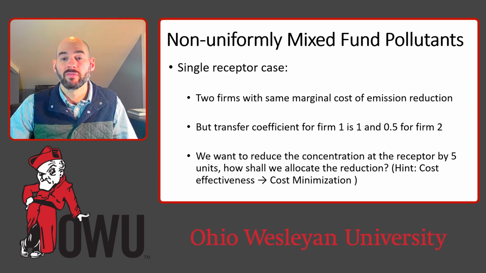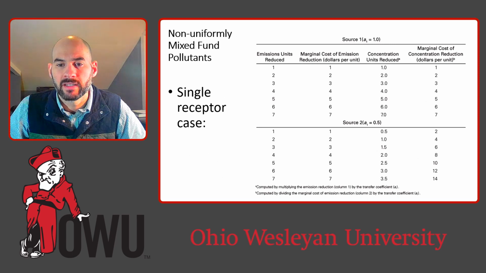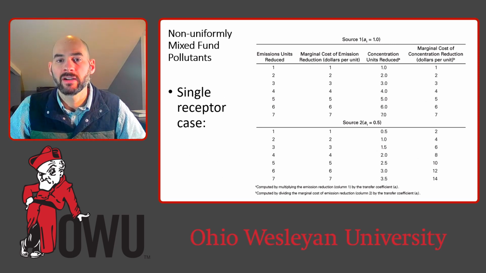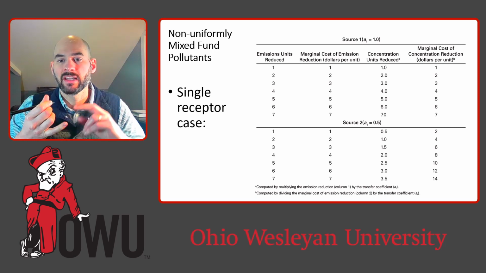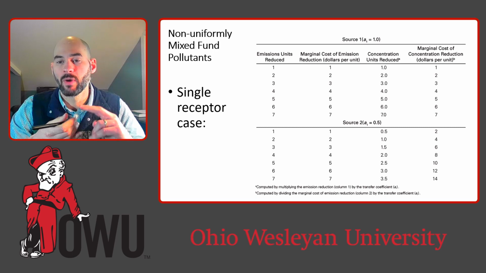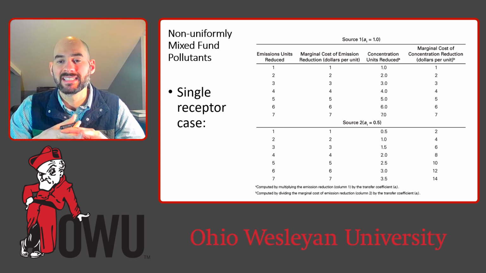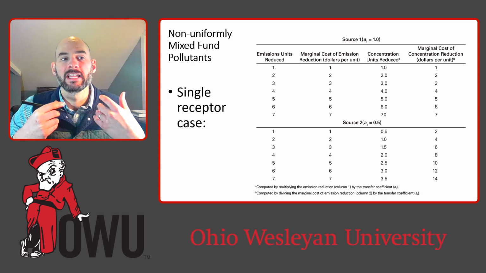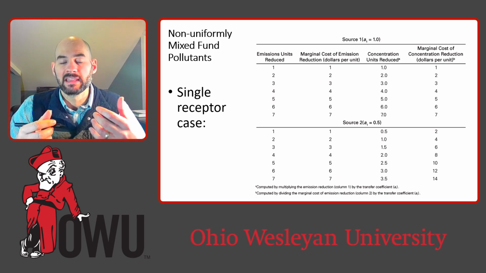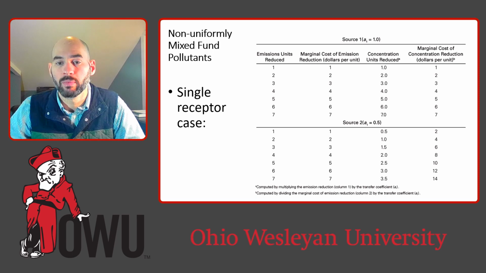which is going to minimize the total cost among both firms. And so looking at a table where we can compare emission reduction, concentration reduction, the marginal cost of emission reduction, and the marginal cost of concentration reduction, we can see how we could implement or visualize the second equimarginal principle.